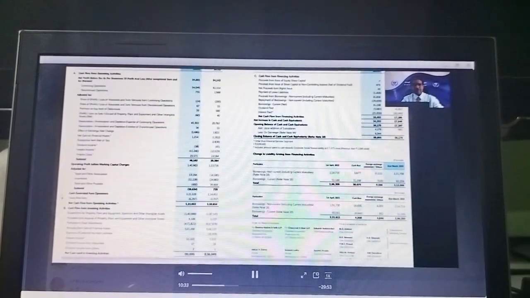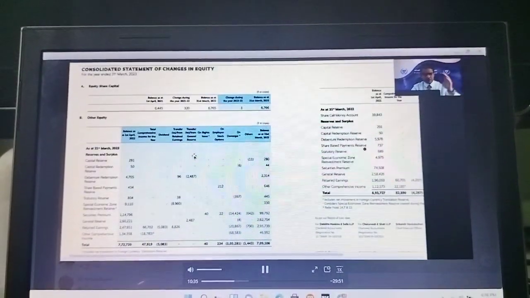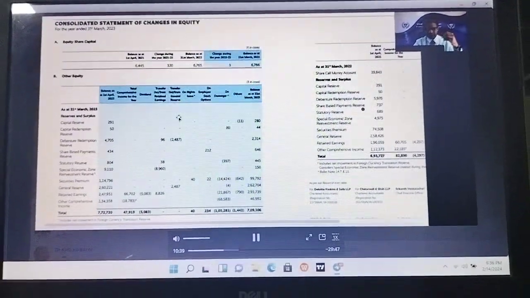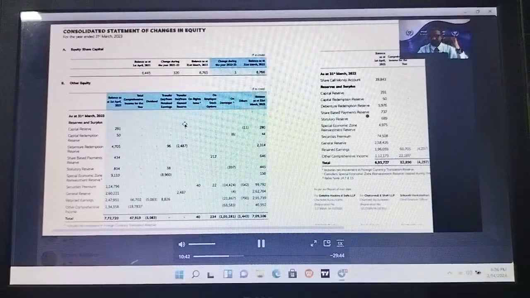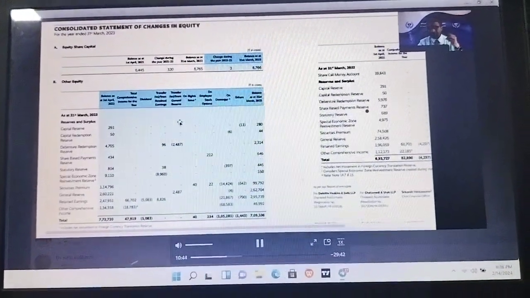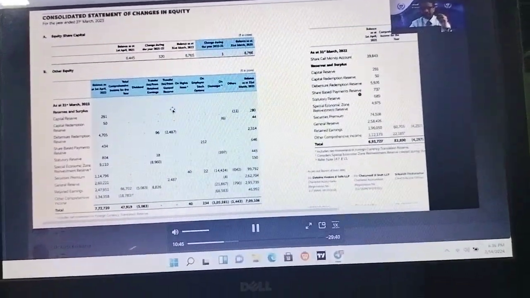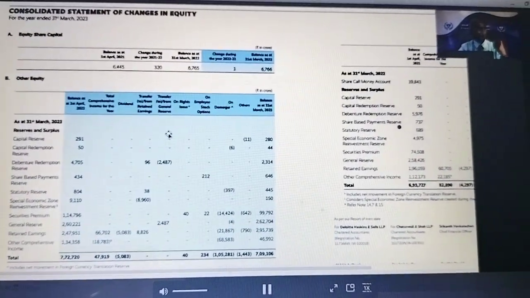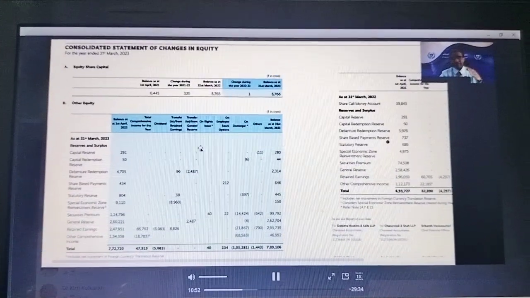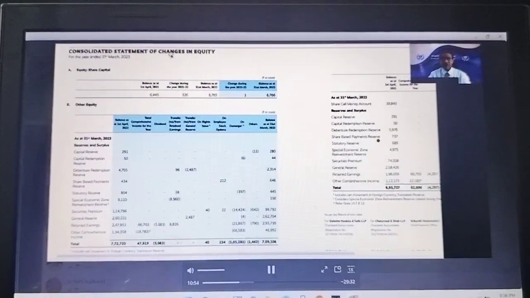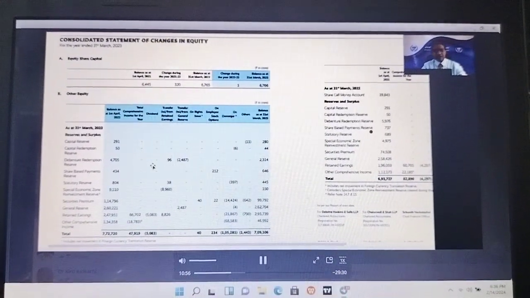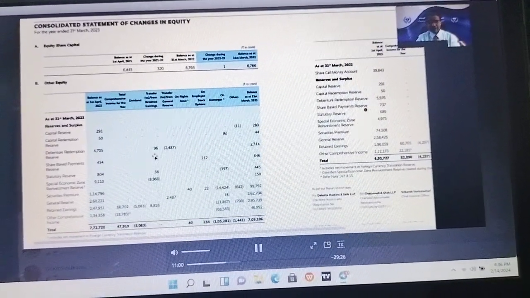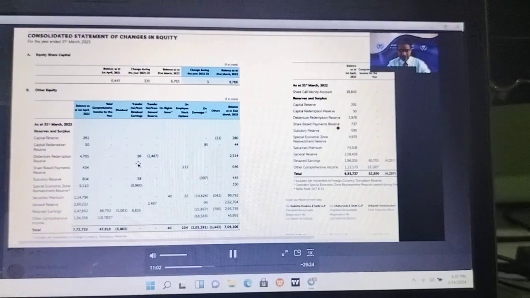Change in equity I will just explain briefly. The business sells goods, and profit and expenses are mentioned on the profit and loss statement. As I told you, the company raises funds by selling shares or buying back shares, and that will be reflected in the change in equity statement. Sometimes the company will pay back a loan, and that too is reflected in the change in equity.